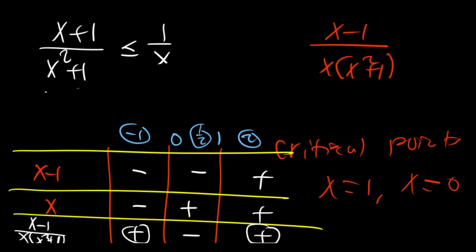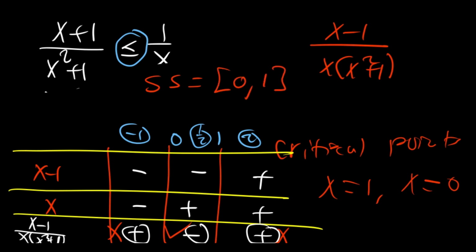The overall is positive. The first question was less than. You follow the first one. Less than, you get the part giving you negative. This is not the solution. That is not the solution. The only solution is that box. So the solution set, since it is less than or equal to 0, included all the way to 1 included. As simple as that.